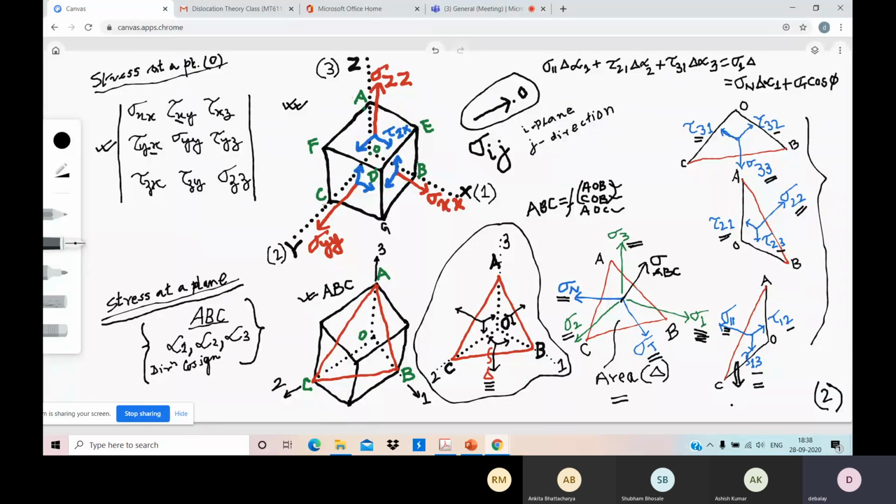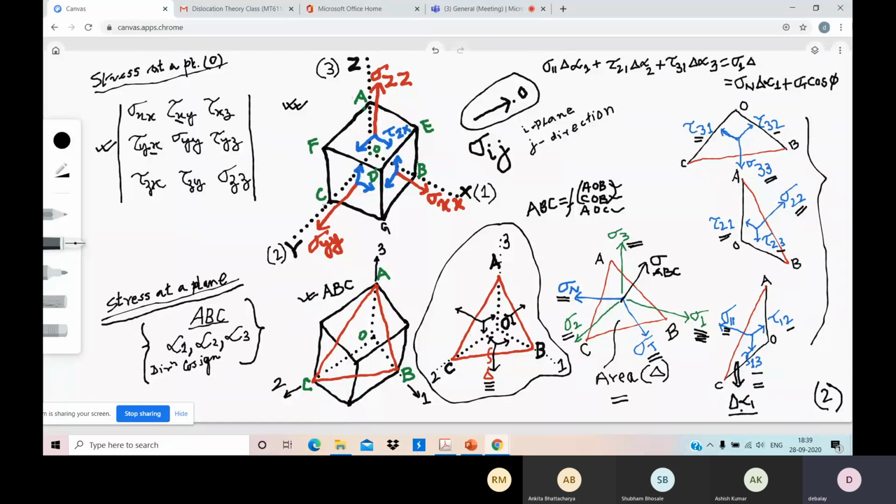You may think, and you will find the answer to be delta alpha 1, because the direction cosine of the ABC plane normal with respect to axis number 1 is alpha 1, and the AOC plane that we are considering is plane number 1, perpendicular to direction 1.